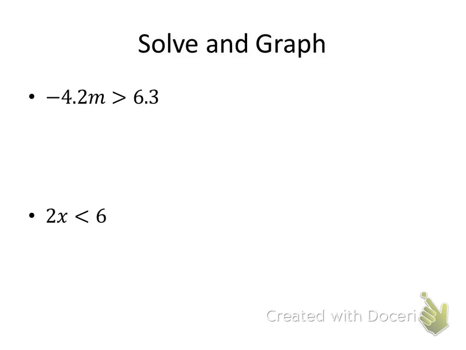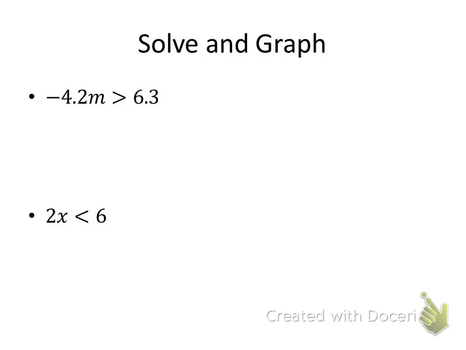Okay, now there is one type of problem that is different. I guess I should say two types of problems that are going to be different than just solving a regular equation. Anytime at all you have to multiply or divide by a negative number, you have to flip the sign. Did everybody get that?